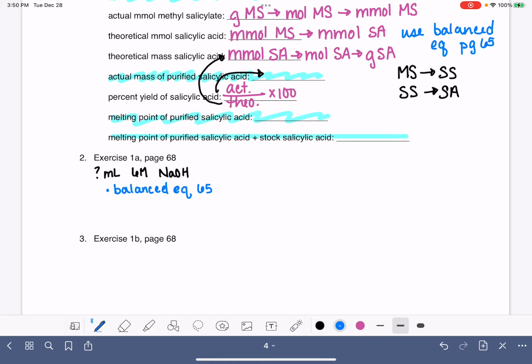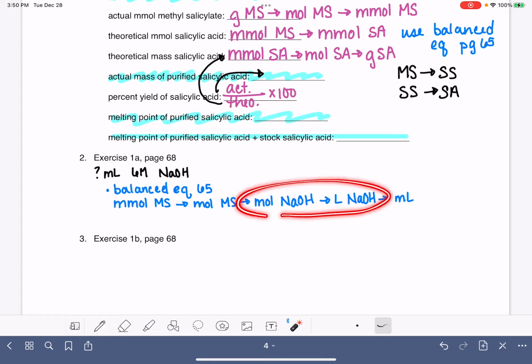And what you need to do here is to convert the millimoles of methyl salicylate. You probably want to convert that into moles of methyl salicylate and then convert that into moles of NaOH. And then you're going to convert the moles of NaOH into liters of NaOH, which you could leave in liters or you could convert into milliliters if you want.